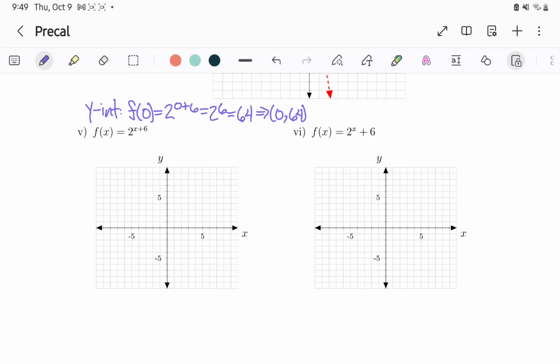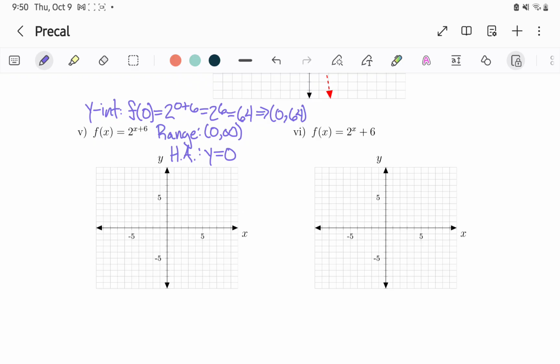Okay, and then the range, again, we don't have any sort of vertical reflection or vertical shift going on, so it's just going to be from 0 to infinity. And then for the horizontal asymptote, same thing. We don't have any sort of vertical shift going on, so it is still going to be the line y equals 0, or in other words, the x-axis.